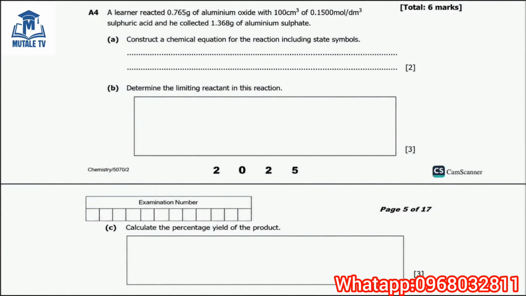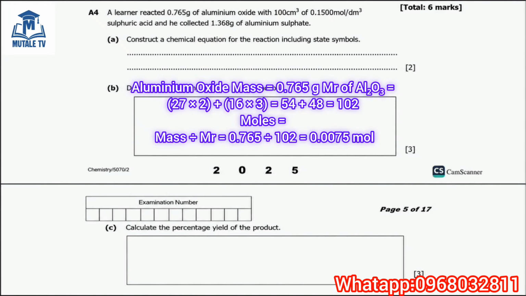So first things first, we need to find the moles for aluminum oxide. How do we find the moles for aluminum oxide? First, we know that the mass of aluminum oxide has been given in the question, which is 0.765 grams. Then we need to find the molar mass of aluminum oxide.